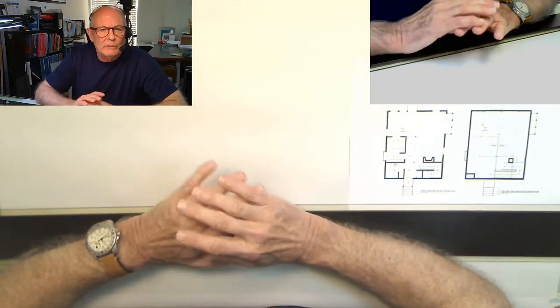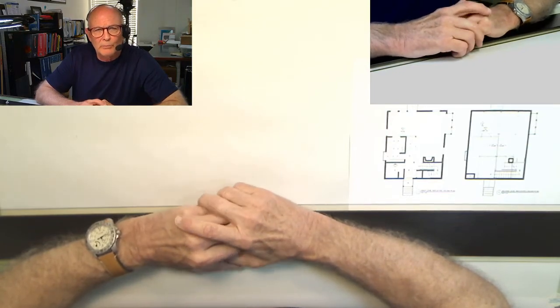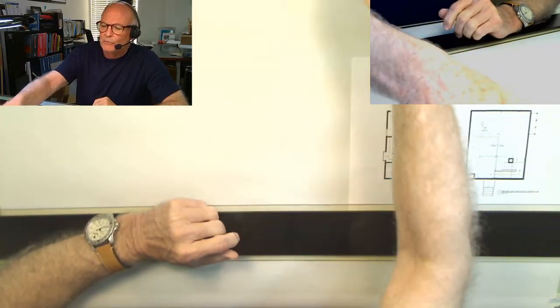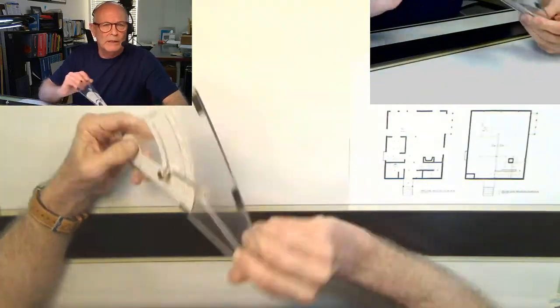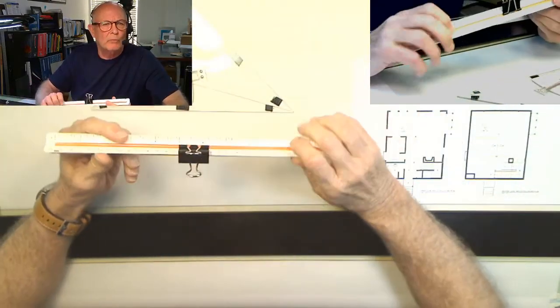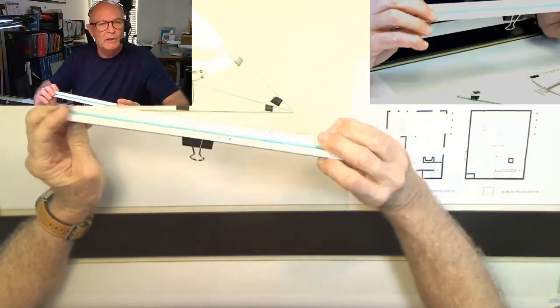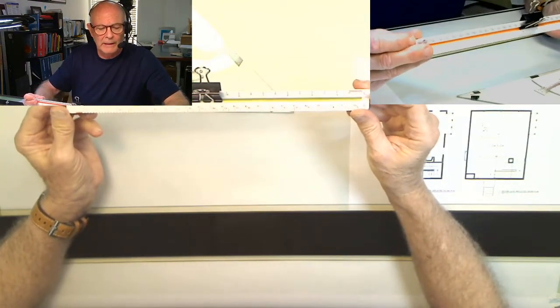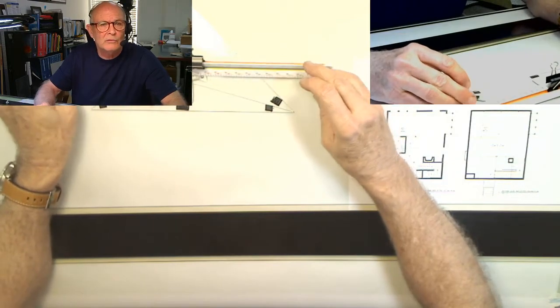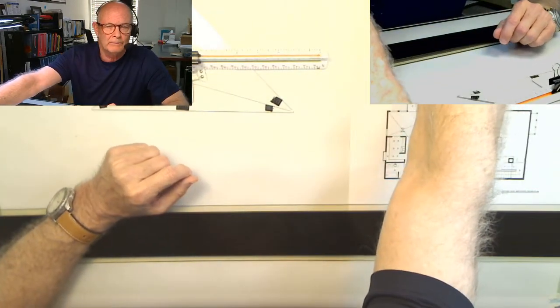As we do this, there's a couple tools that will probably be helpful for you. I would suggest that you get a triangle that works, a 45 triangle or 30-60 is fine. A scale that includes a 1/4 inch and 1/8 inch architectural scale.